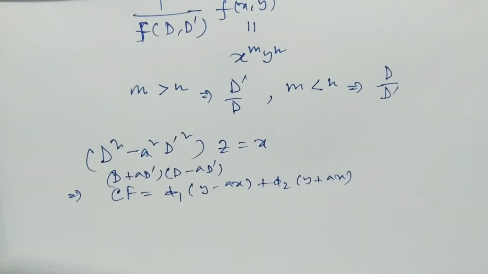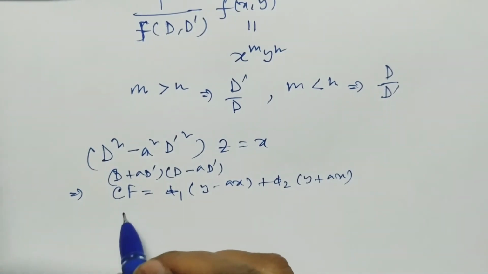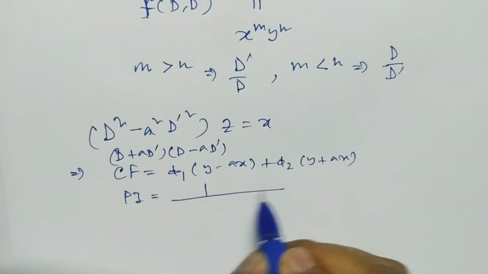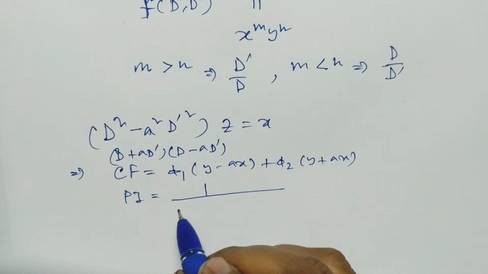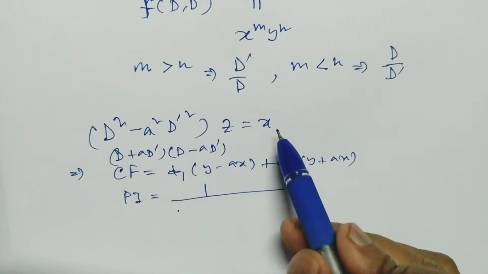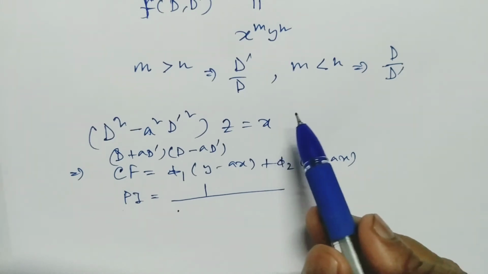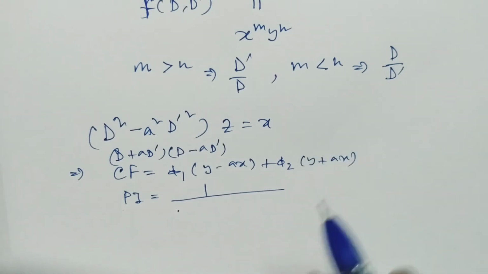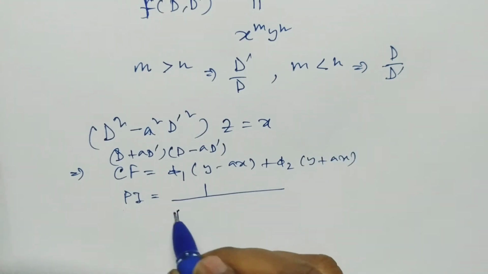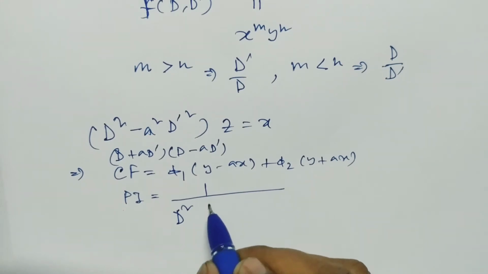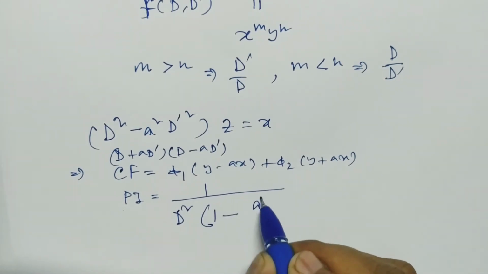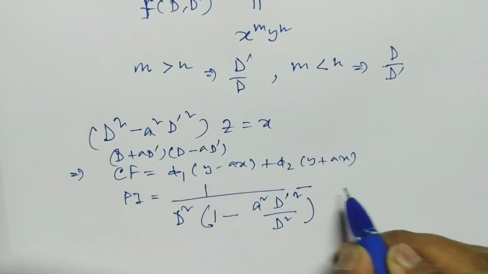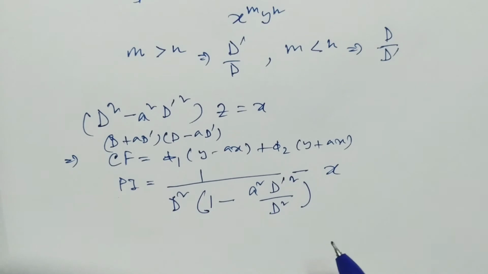Okay, the PI part is where the new formula will be applied. So see, as we see that x's power is greater than y's power, right? So we are moving as 1 over D square, 1 minus a square D dashed square over D square. This will be applied on x.